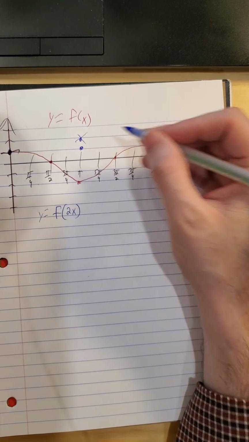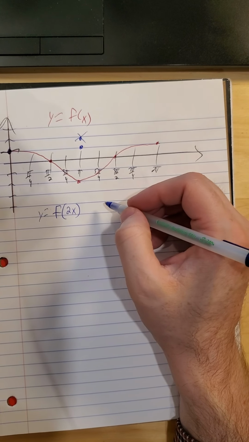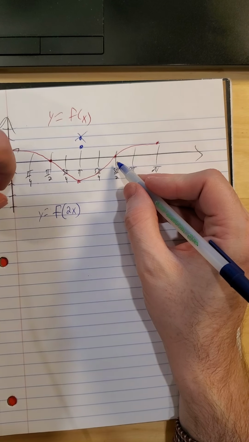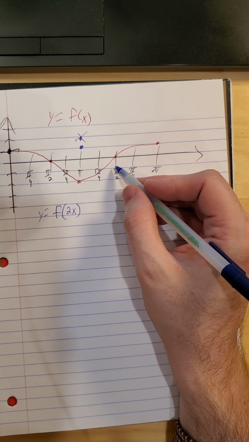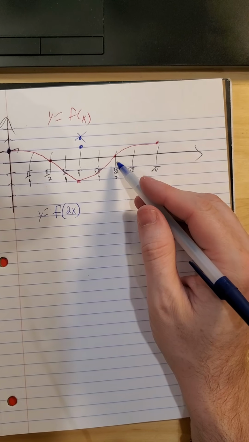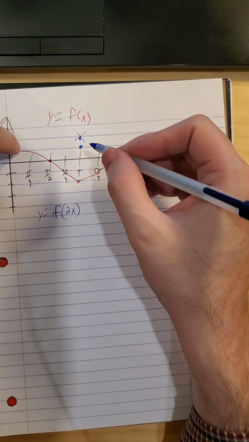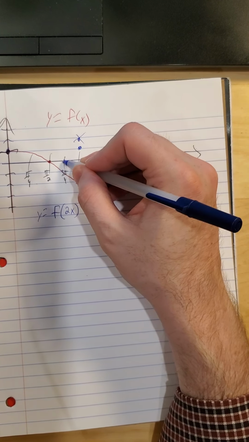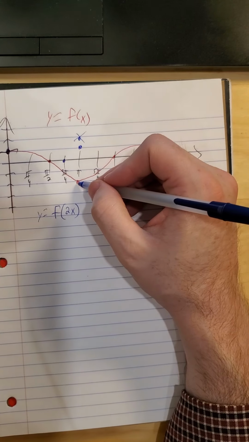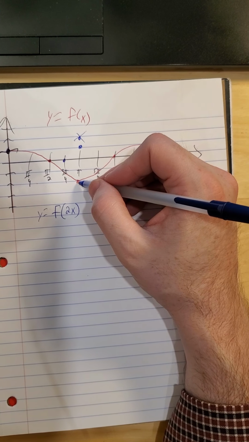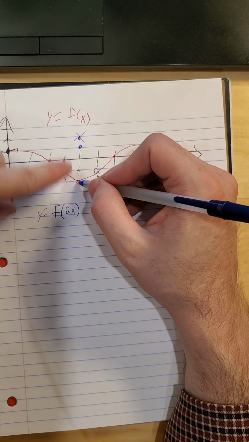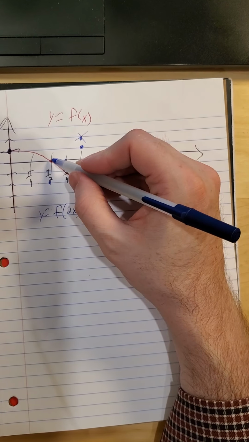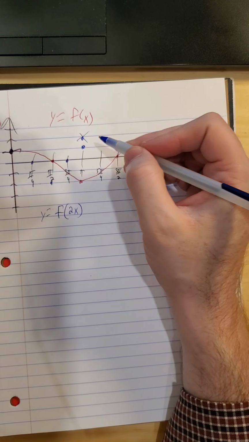So then to figure out what happened at, say, 3 pi over 2, if I plug in 3 pi over 4 and double it, I'm at 3 pi over 2. So what happened at 3 pi over 2 is happening at 3 pi over 4. What happened at pi, now I only have to go as far as pi over 2. 2 times pi over 2 gets me back to an input of pi. What happened at pi over 2, now I can plug in a pi over 4.